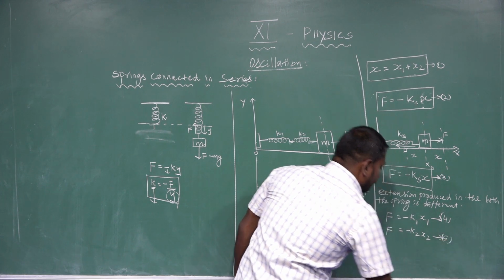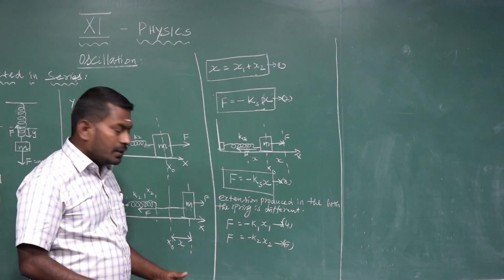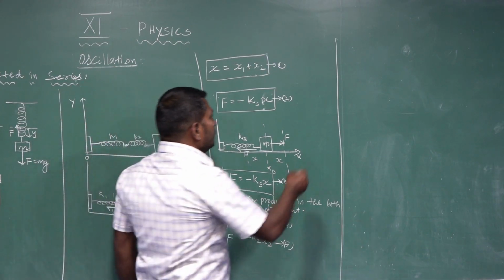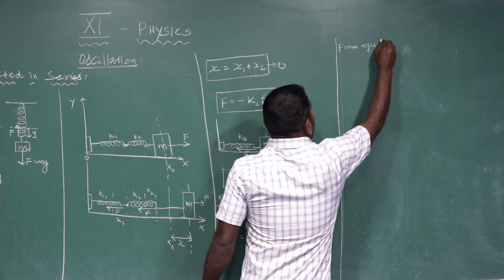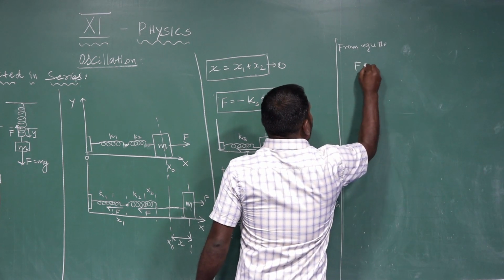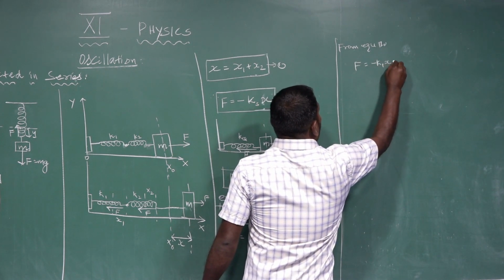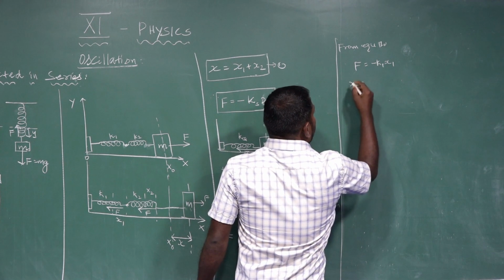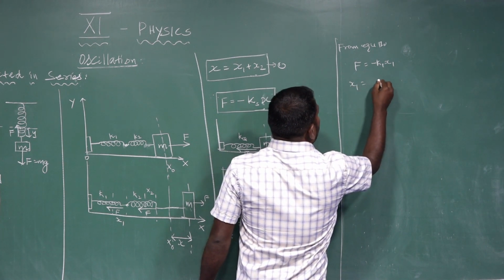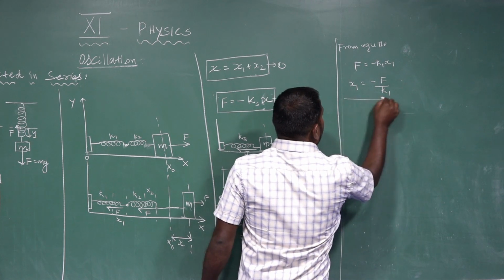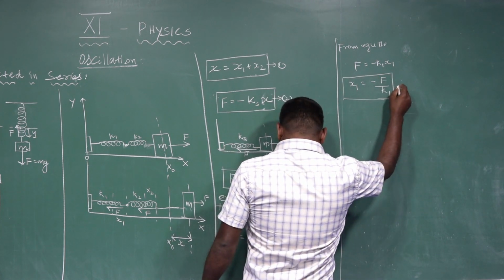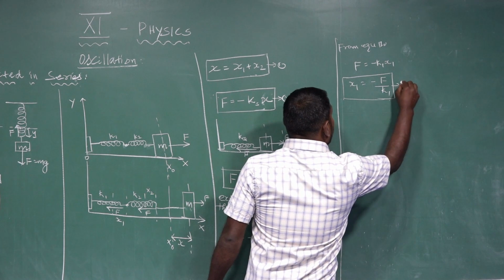Students, from equation 4, F is equal to minus K1 x1, then x1 is equal to minus F divided by K1. Equation number 6.